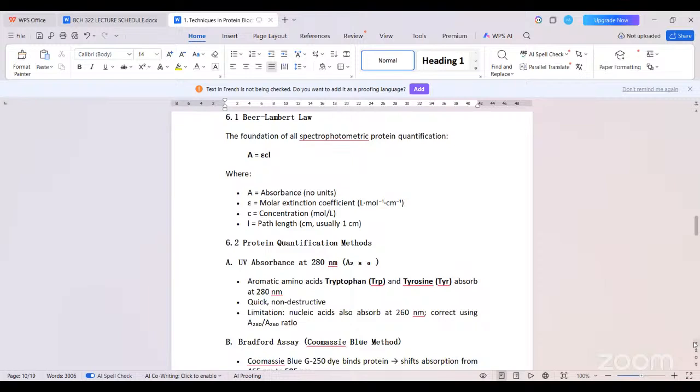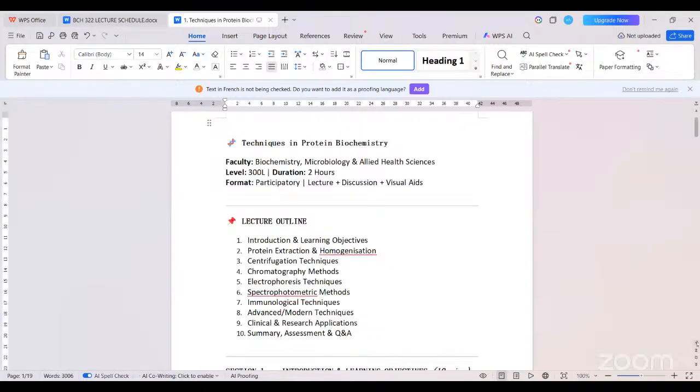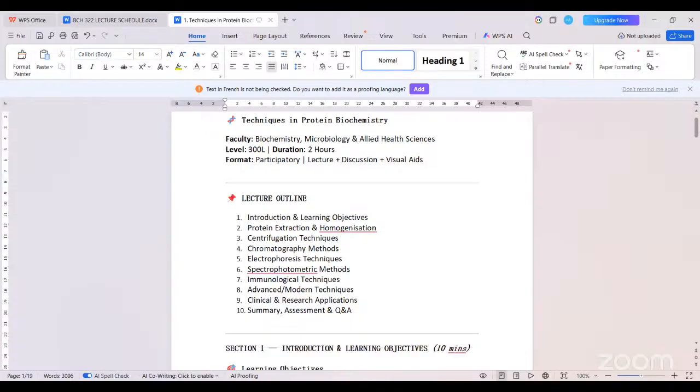So the first is usually using UV absorbance at 280 nanometers, that's the wavelength, for aromatic amino acids like tryptophan or tyrosine.